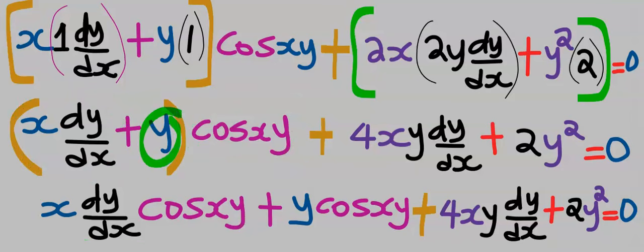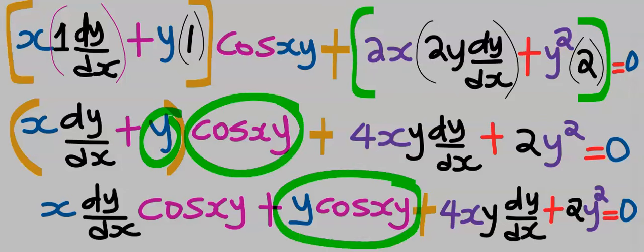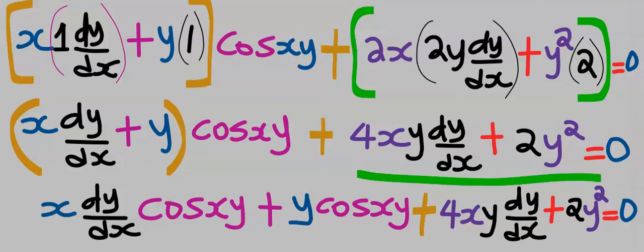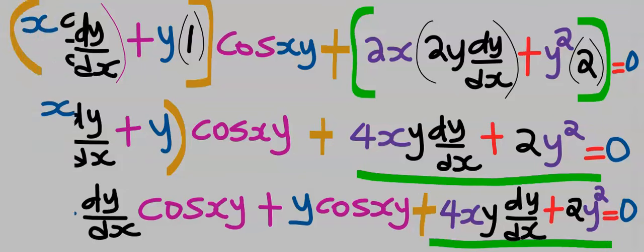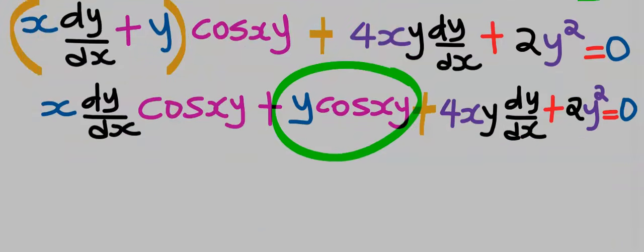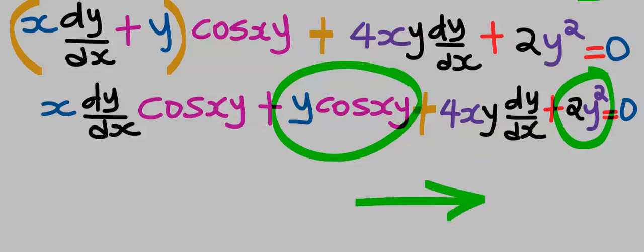Next, y multiplied by this, and you're going to get this. And everything here remains the same. Next, this without dy/dx and this without dy/dx will move over to the other side of the equal sign.